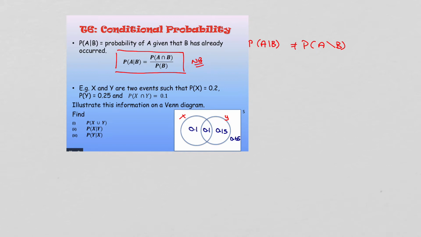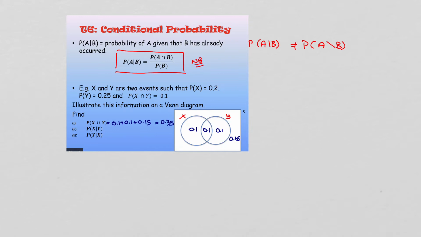So now if we look at the questions, we're looking at what is the probability of X union Y. So probability of X union Y then is going to be everything inside X and Y. So if I look at that on my Venn diagram, it's all of these. So therefore we have 0.1 plus 0.1 plus 0.15. And therefore that gives us a probability of 0.35.